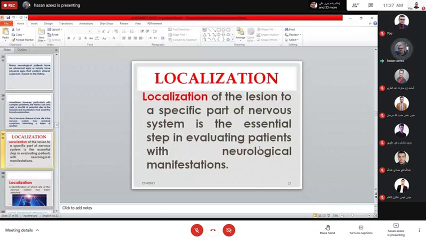And nowadays, with the advance of MRI, sometimes, not all the time, it gives us precise localization. Localization is the neurology, not just a crucial part of neurology.